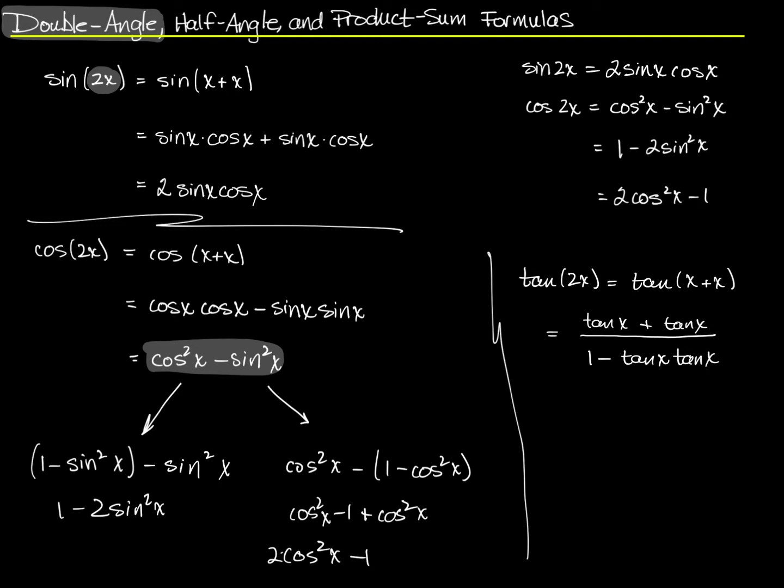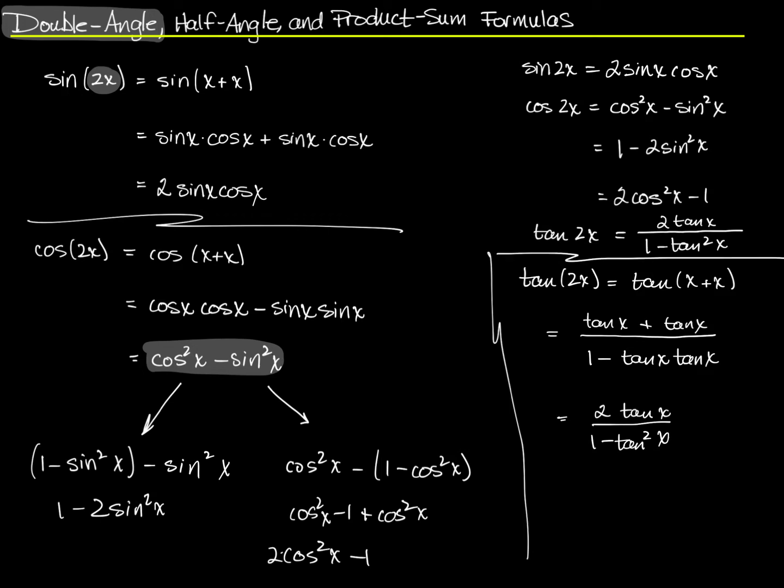I can rewrite this as well. It's 2 times the tangent of x over 1 minus the tangent squared. So tan of 2x equals 2 times the tangent of x over 1 minus the tangent squared of x. So now I have 3 new formulas.